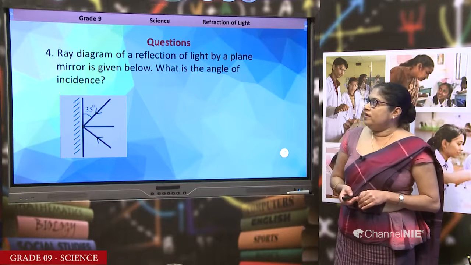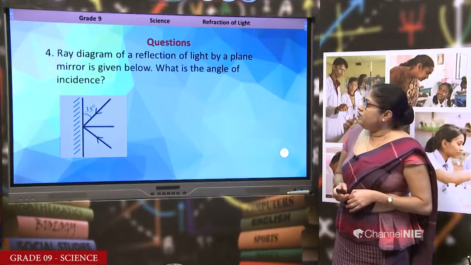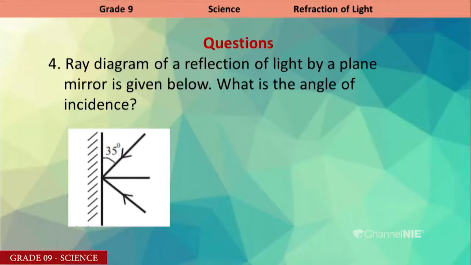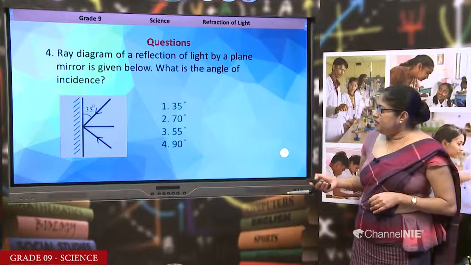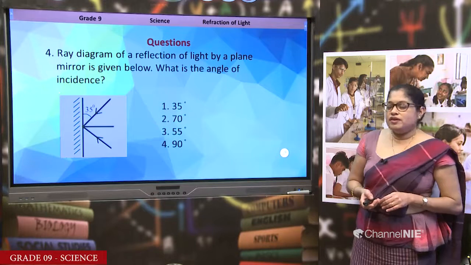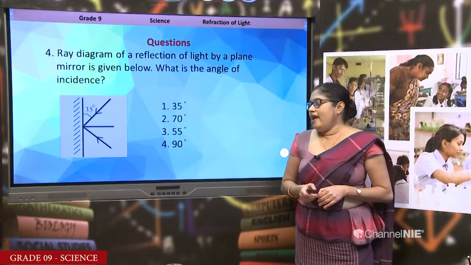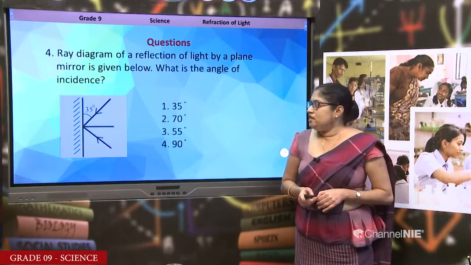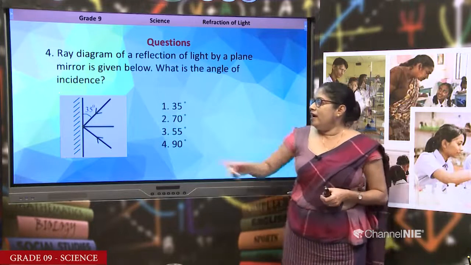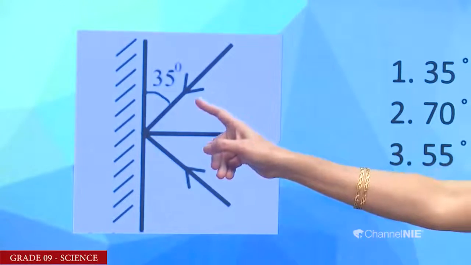Question number 4. A ray diagram of a reflection of light by a plane mirror is given in the diagram. You have to calculate the angle of incidence. So, these are the 4 answers you are given. How do you calculate this? Now, you are given the angle between the surface of the plane mirror and the incident ray.